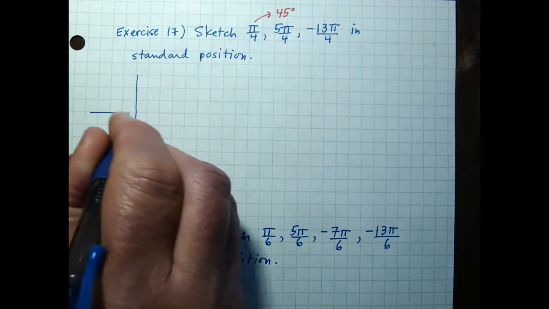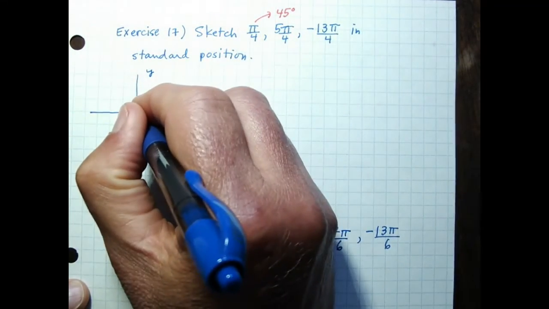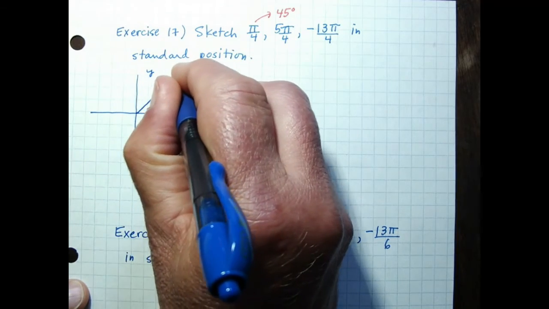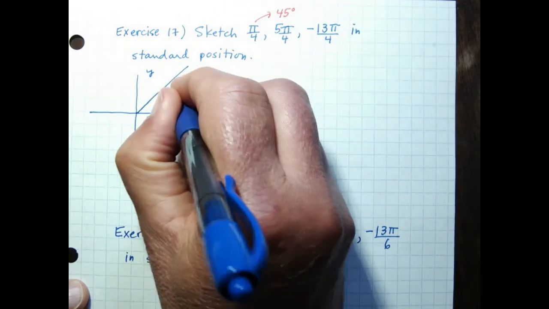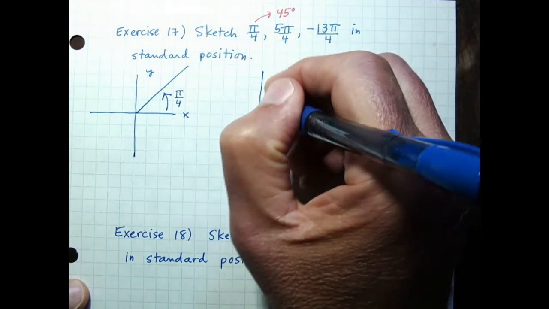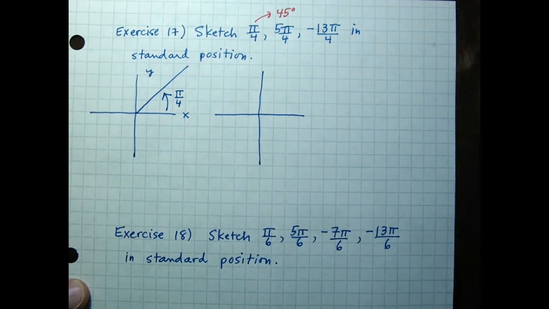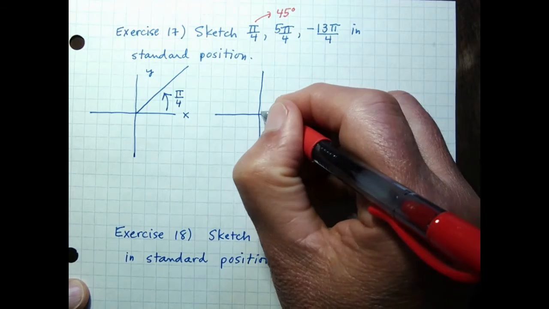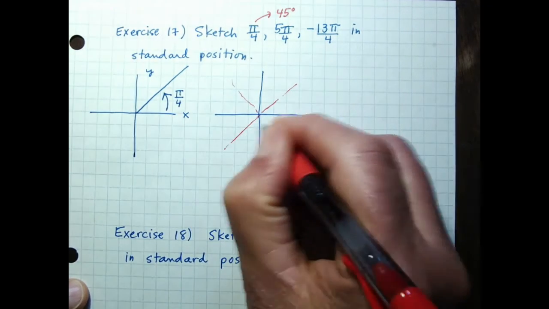Okay. So here's my coordinate system. The terminal side of pi over 4 just rises up at that 45-degree angle in the first quadrant. 5 pi over 4, okay, I gotta imagine what that's going to be. Now, if it helps you, you can imagine drawing these 45-degree diagonals.